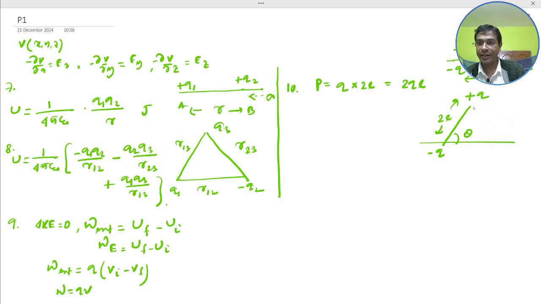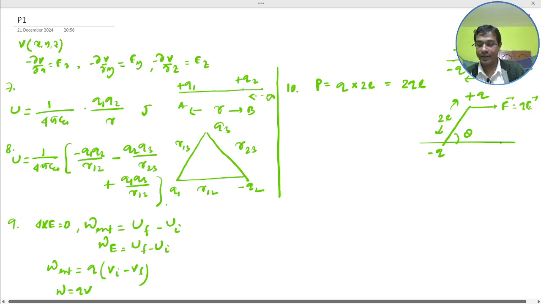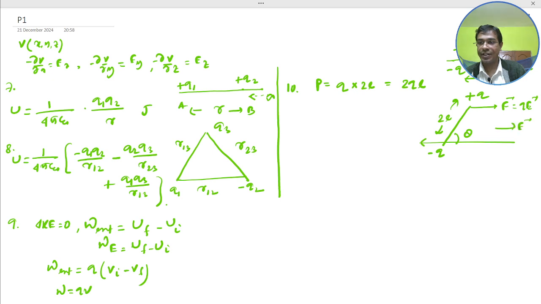So in the electric field, the force acting F is equal to QE, and here is a force, and the electric field direction is this. So torque tau is basically QE times 2L sin theta.